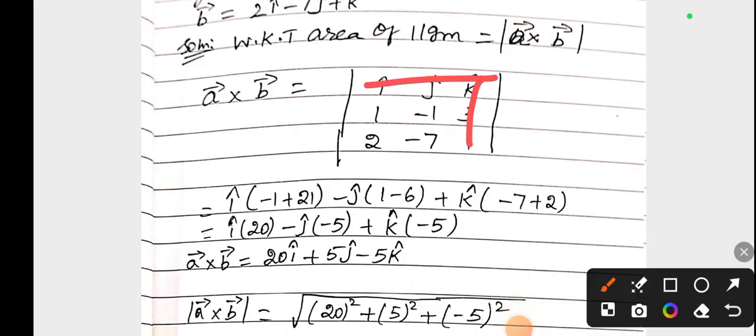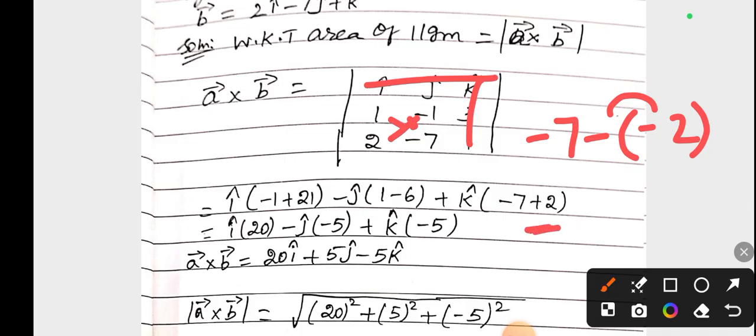Then the balance 1 into minus 7 is minus 7. Then formula minus, minus of minus 2. Minus into minus is plus 2. So minus 1 plus 21 is 20. 1 minus 6 is minus 5. Then minus 7 plus 2 is minus 5. So 20 I cap plus 5j cap minus 5k cap.